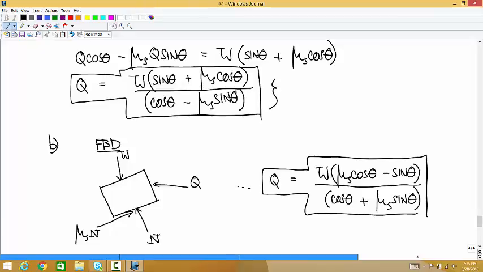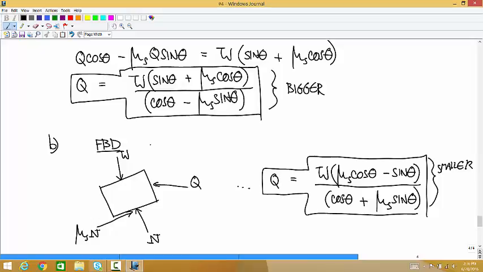So this one has to be a bigger force, and this one has to be a smaller force. And that's what we'd expect, because like I said, if the block's sliding down the ramp, Q is working with the weight. If it's sliding up the ramp, Q is fighting against the weight. Any questions about that?